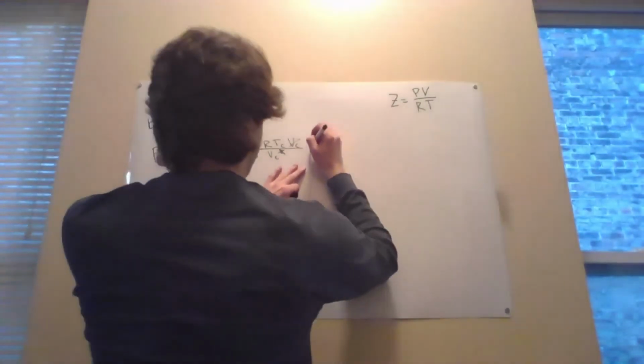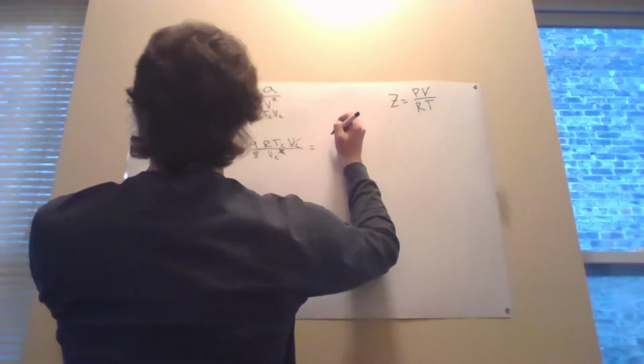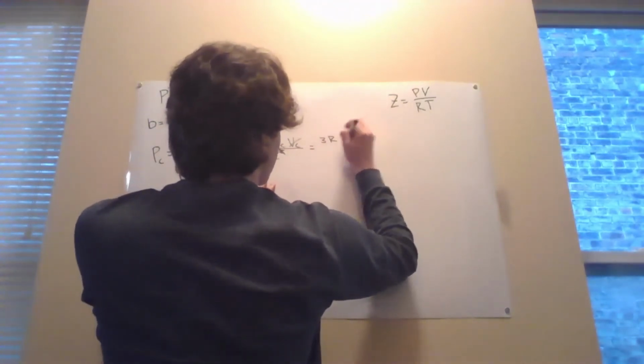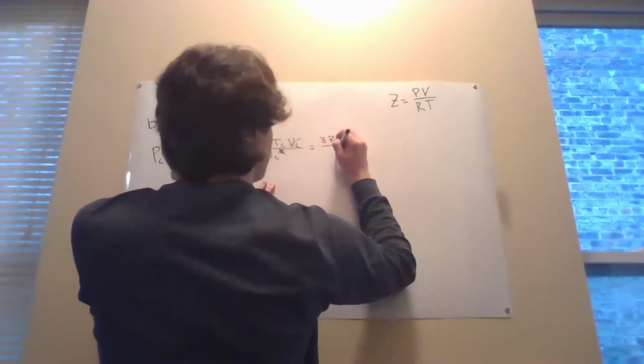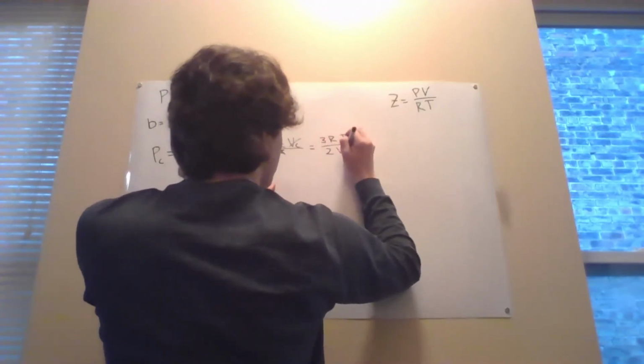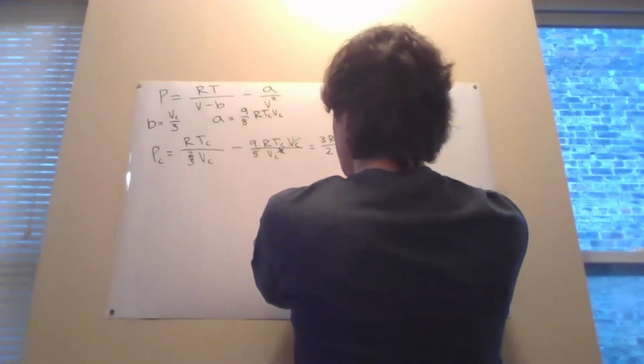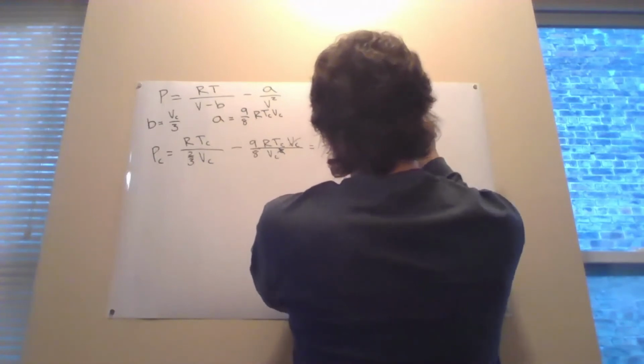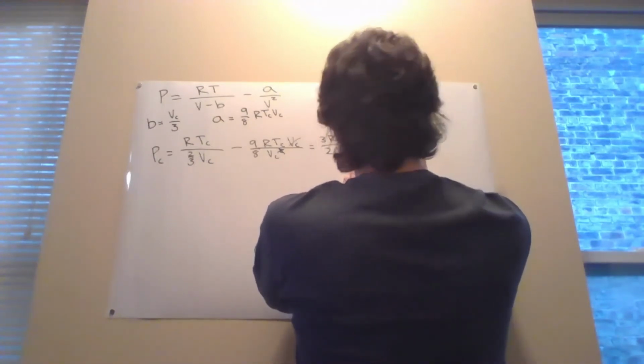I'll rewrite this: 3 R times the critical temperature over 2 times the critical volume, minus 9 times R times the critical temperature over 8 times the critical volume.